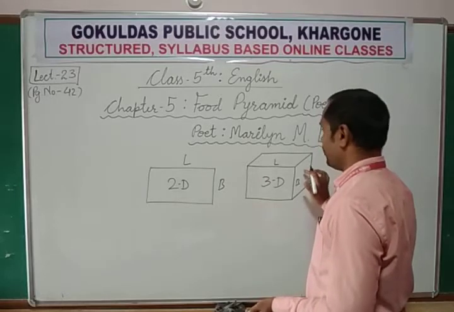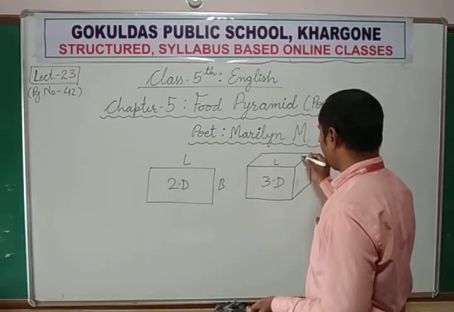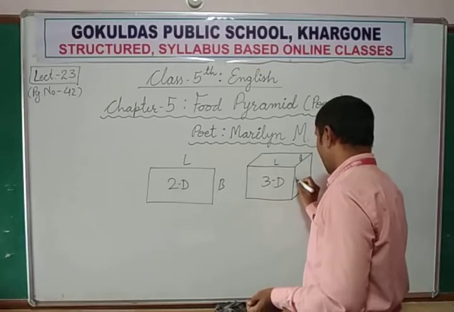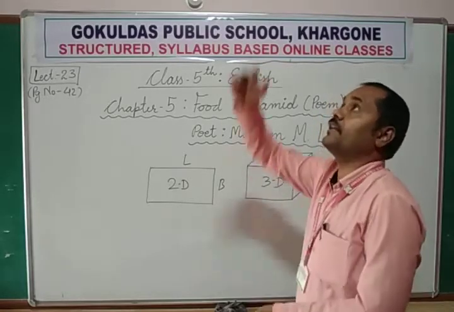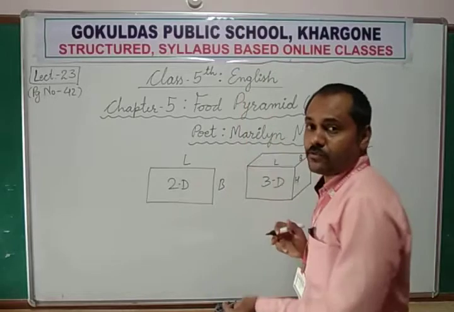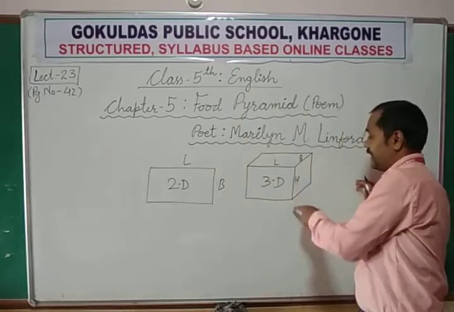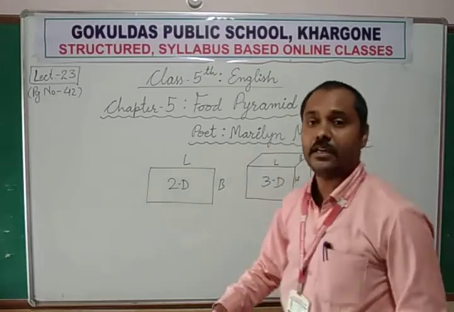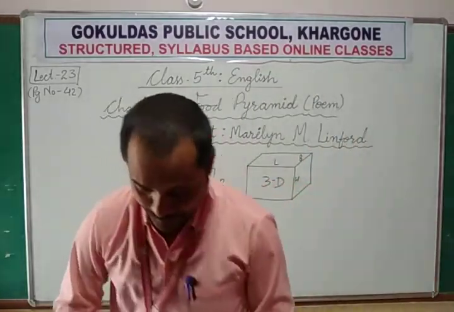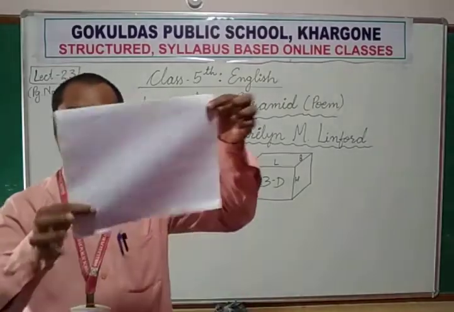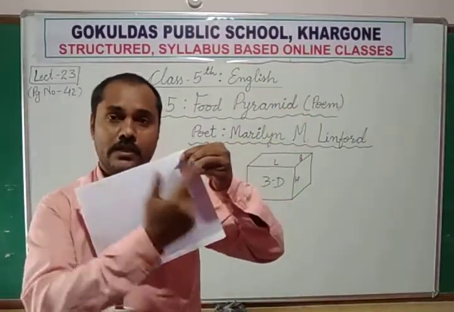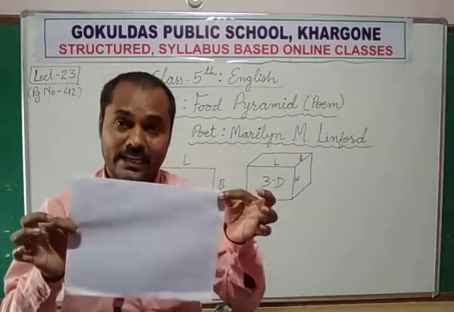Suppose we consider this as length, breadth, and this as height, because we measure height in this direction. So you can say depth also. That is the example of a two-dimensional thing.